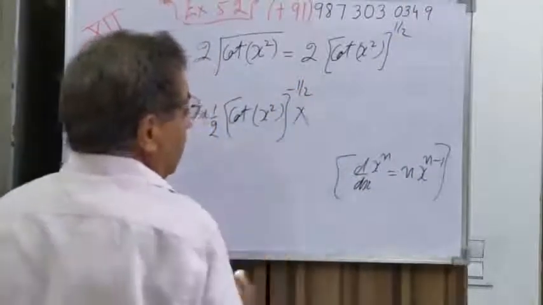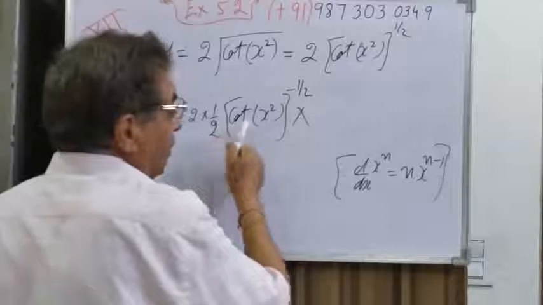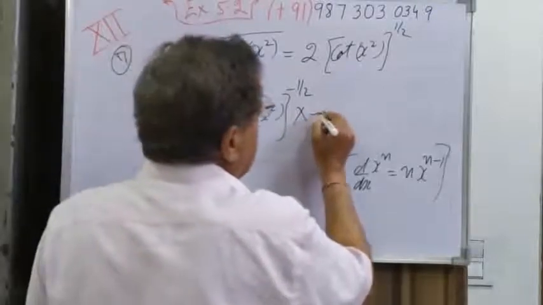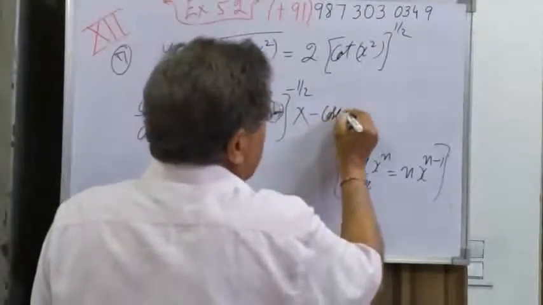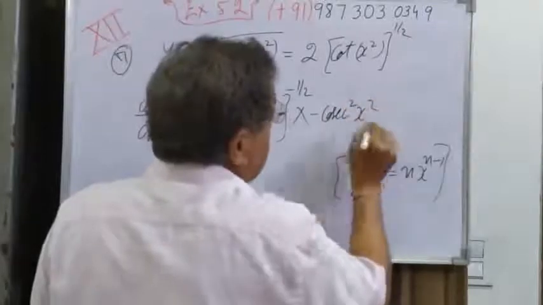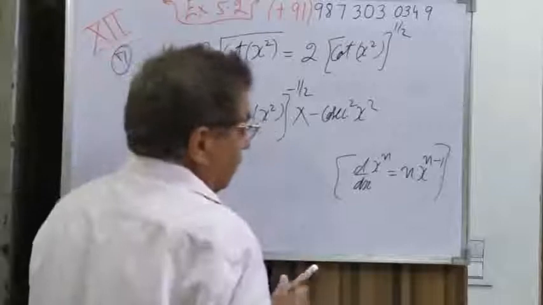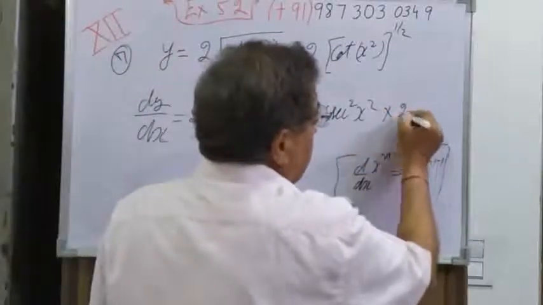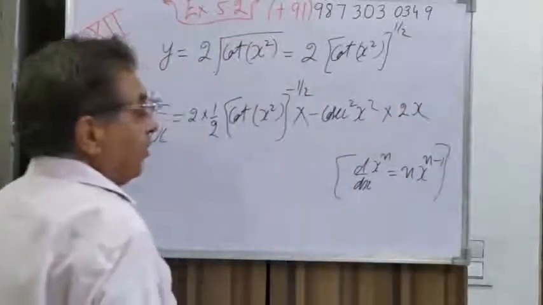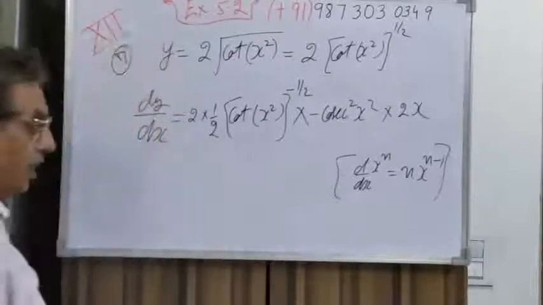Then according to the chain rule, I have cot x square. The derivative of cot x is minus cosecant square x square. Then the chain rule further says differentiate x square also, and we get 2x. So this is the final answer we get.